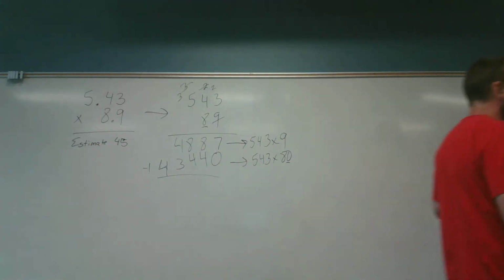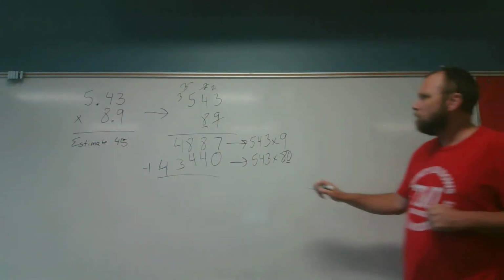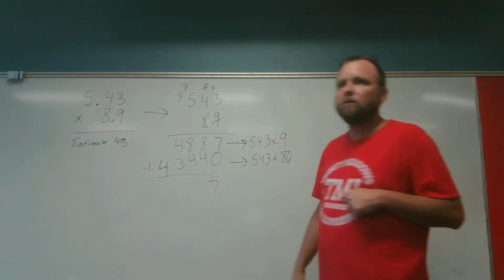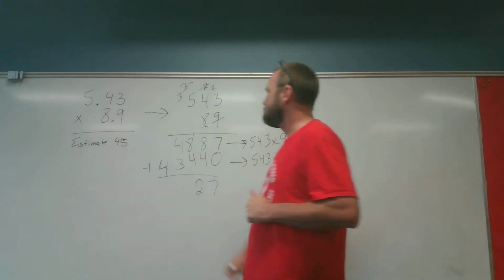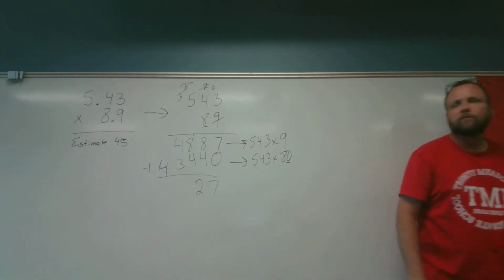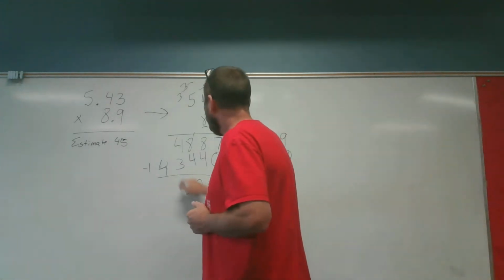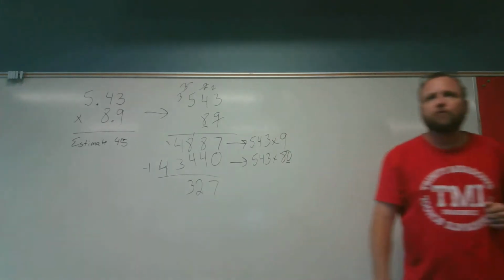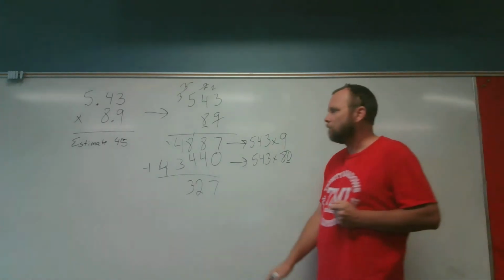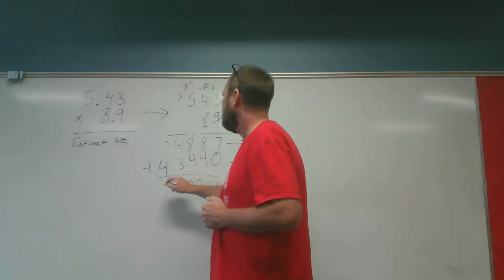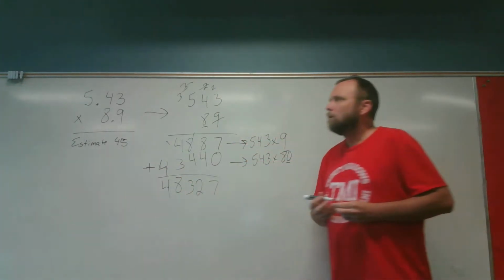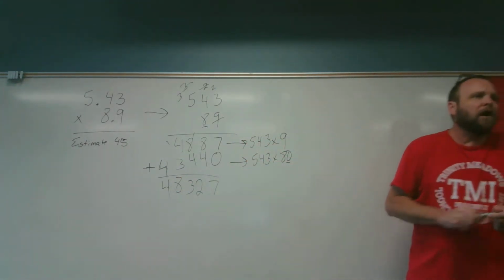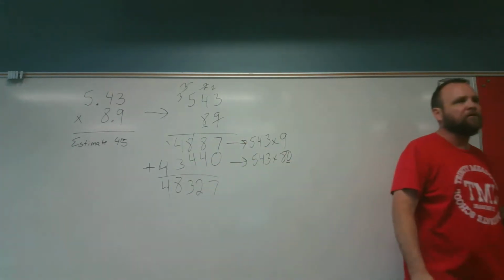Paul, what is 7 plus 0? 7. Paul, what is 8 plus 4? 12. Paul, what is 8 plus 4 plus 1? 13. Paul, what is 4 plus 1 plus 3? 8. Good.